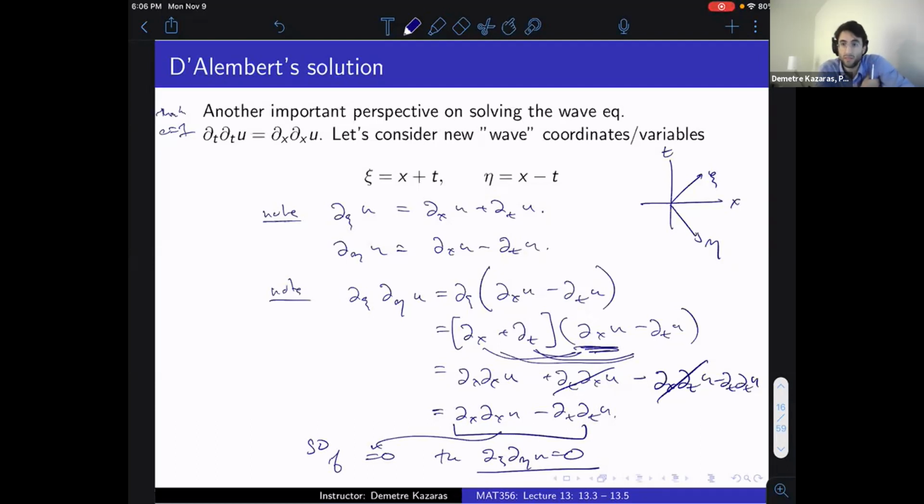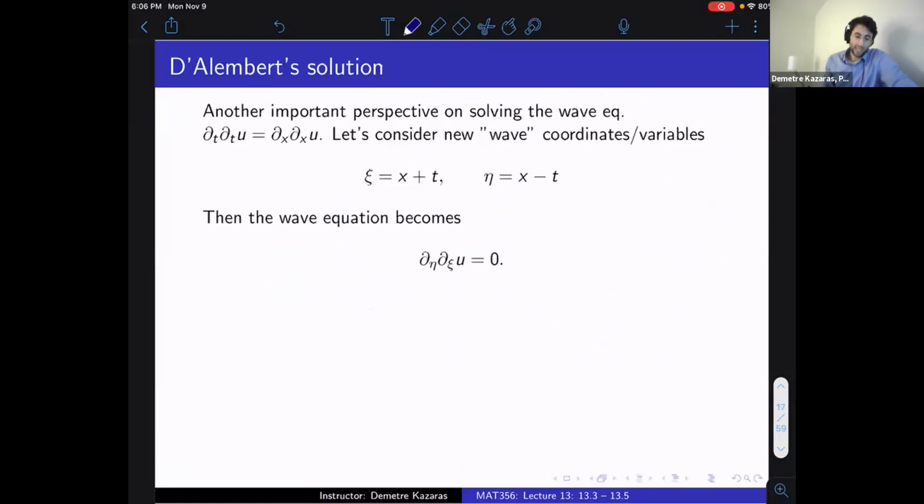It's a much simpler way of writing the wave equation. The wave equation looks like it involves second derivatives, but if you introduce these wave coordinates, it just looks like a xi derivative and an eta derivative of u has to be 0. Much simpler looking. It's not obvious that that was going to be the case, but it's an interesting thing to do, so it was good that we did that.